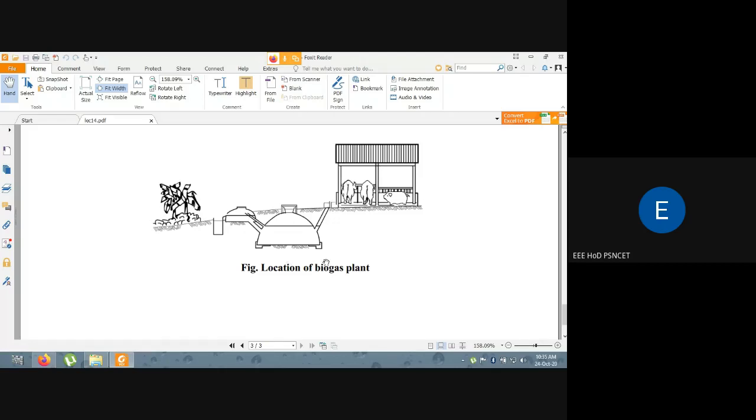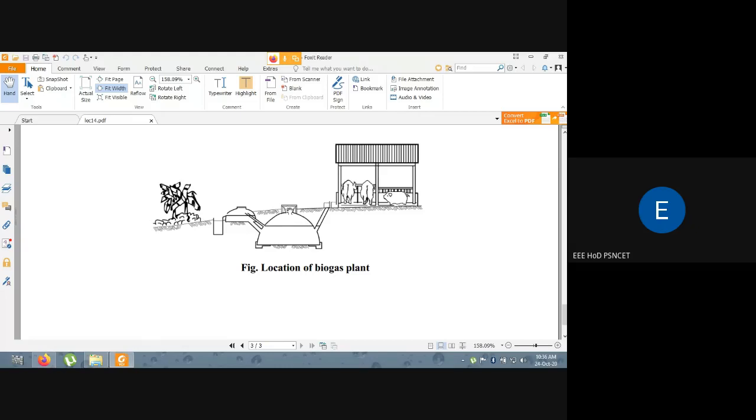Here the farm is there, it may be a cow farm or pig farm. The wastes from this farm are given as input along with the same quantity of water inside the digestion chamber. Then the anaerobic fermentation takes place inside the chamber and it will produce the biogas.